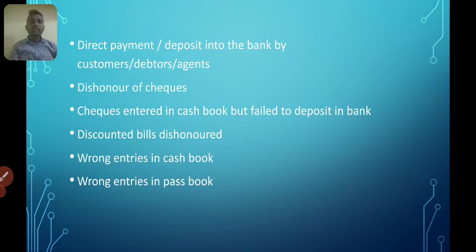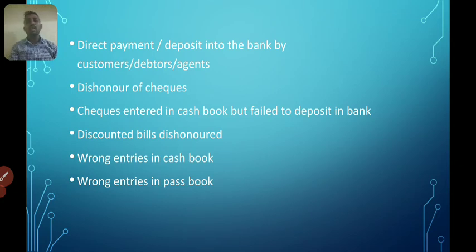The next point: direct payment or deposit into the bank by customers, debtors, agents. This kind of problem may arise due to miscommunication. Instead of sending a check directly to the businessman or the trader, the customer or the debtor may send the check directly to the bank.